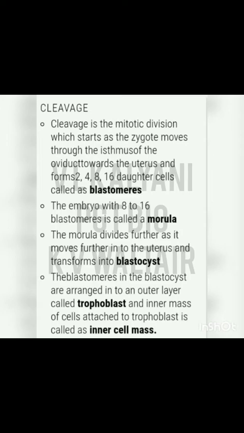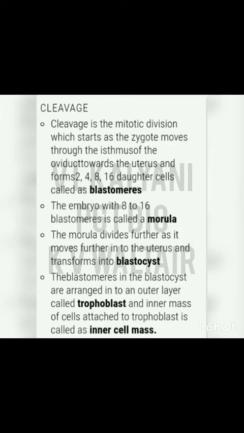The mitotic division that takes place in the zygote is called cleavage. When the mitotic division takes place, first 2 cells, then 4 cells, then 8 cells, it will be doubling. So double the number, the daughter cells will be formed. The daughter cells formed by the divisions are called blastomeres.